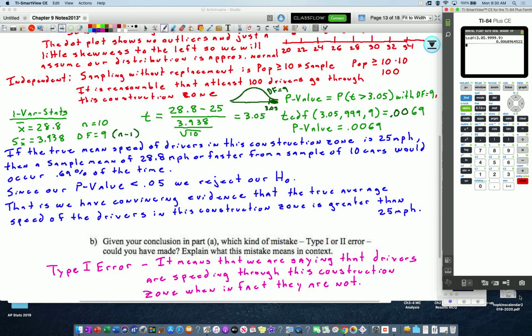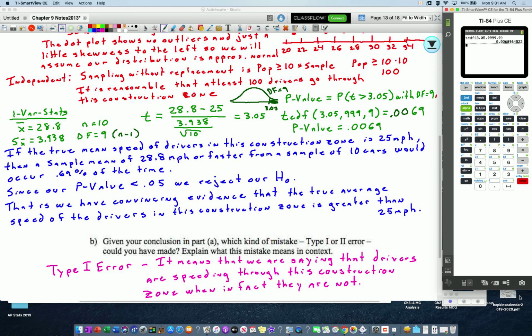Okay. So sometimes when you actually do these problems, they might ask you what type of error you might be making. So in this problem, it does ask you, are you making a type 1 error or are you making a type 2 error? So if I think about this, I rejected the null hypothesis. Well, what if that's a mistake? If I reject the null hypothesis when I shouldn't have, that's a type 1 error.